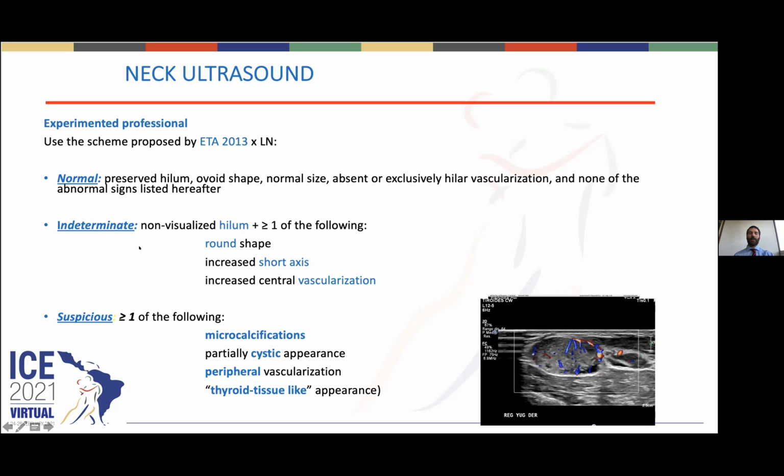On the other hand, we call an indeterminate lymph node one with no hilum plus one or more of the following characteristics: round shape, increased thickness, or increased central vascularization. On the other hand, normal lymph nodes are the ones that did not have any of the characteristics that I said before.